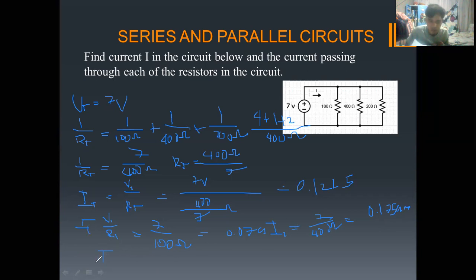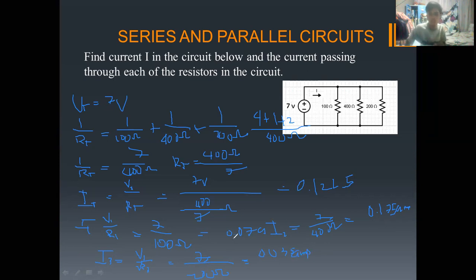Tapos, meron tayong I3 equal to V sub 3 over R sub 3. Equal yun sa 7 over R sub 3 natin, 200 ohms, equal yun sa 0.035 amps.